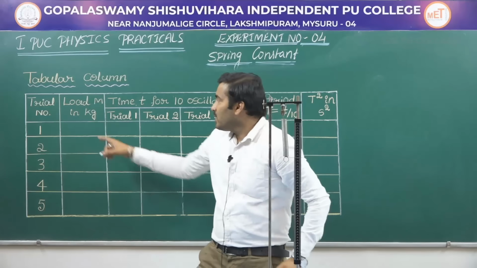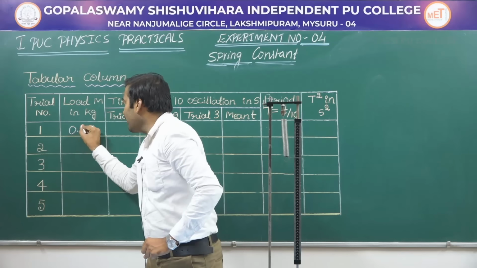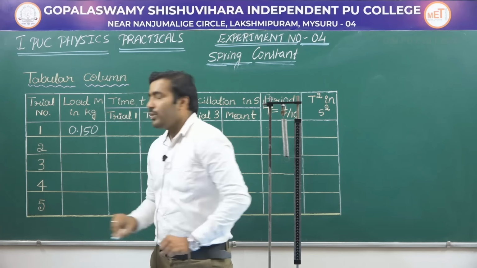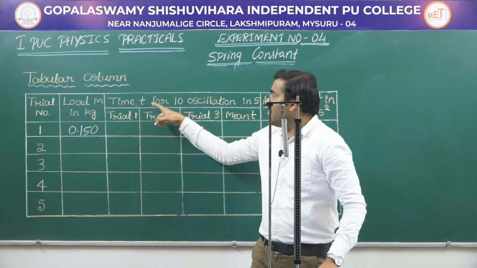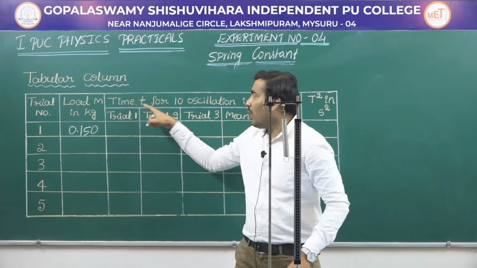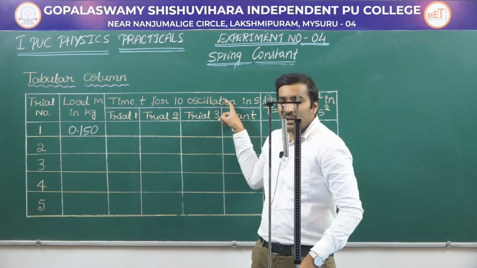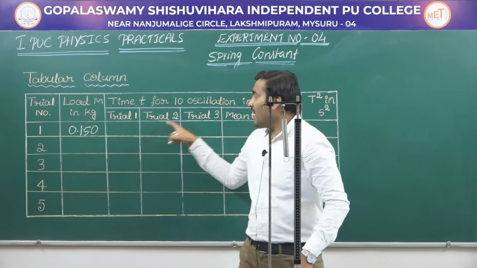So let us tabulate the load M in kg for the first trial as 0.150 kg. In the next column we have time t for 10 oscillations in seconds. So we need to count the time taken for 10 oscillations in the spring. We need to take 3 trials for this.